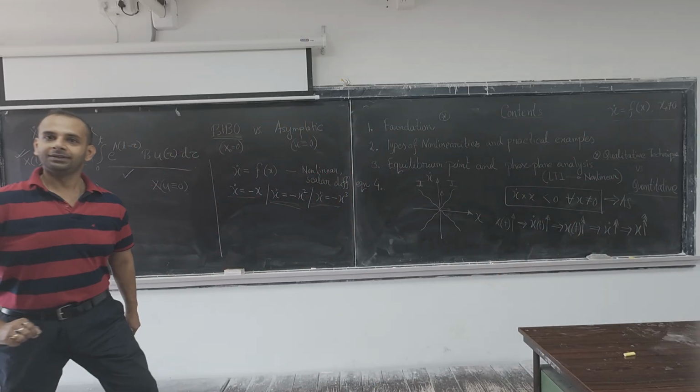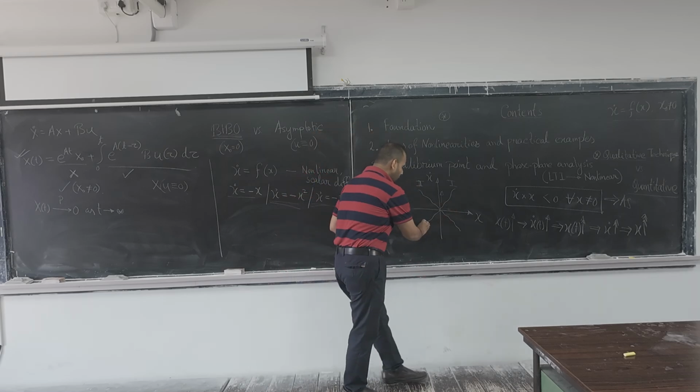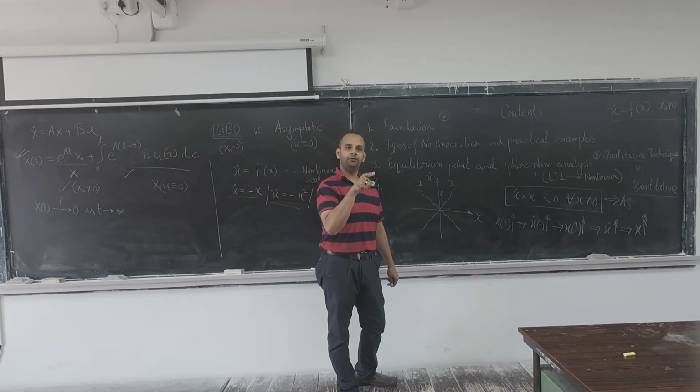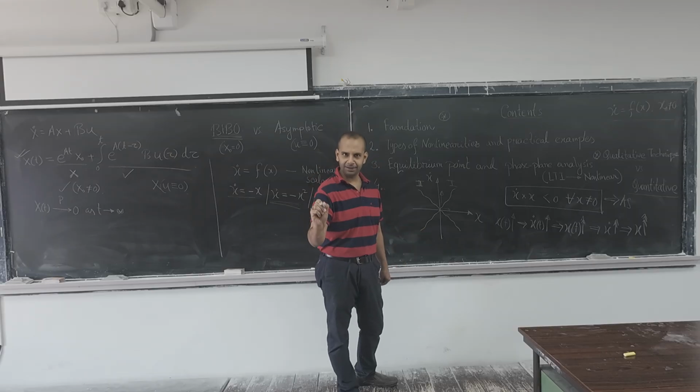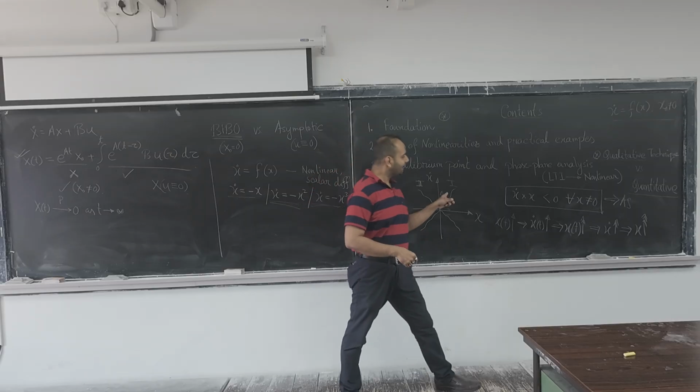That is the logic. The same thing will happen if you consider the third quadrant. Suppose x is going negative, then the negative rate of change will increase. That directly causes further increment in the x value in the negative direction. Then it's like a chain reaction.